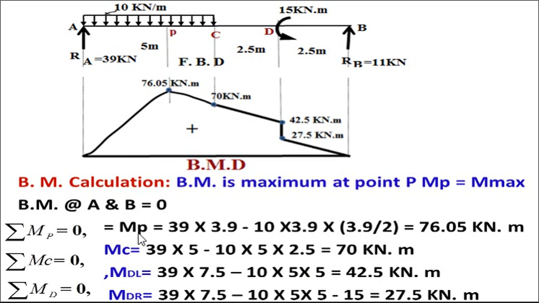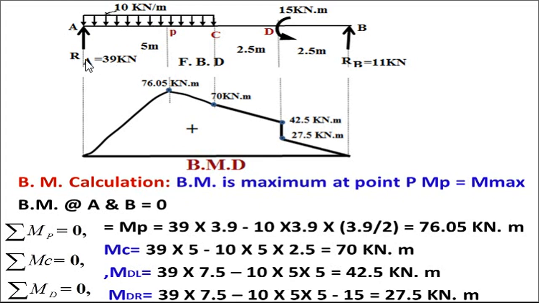Now taking moment about one by one point. Initially at A and B, bending moment will be 0 because they are simple supports. At simple support, bending moment is 0. Now bending moment at P point. P is the point of contrafracture. Now take moment from A to P point.